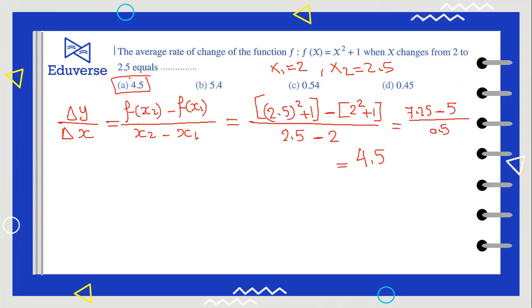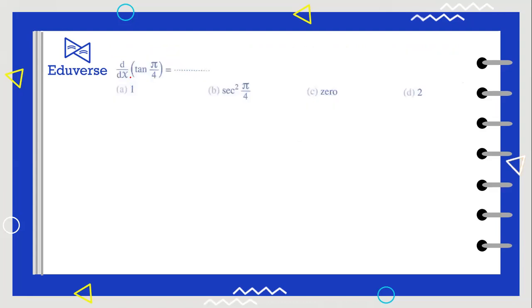Okay, 4.5. Next, derivative of tan pi over 4. Don't forget, tan pi over 4 has no x here. Then it's a constant value. And we know that any constant value, its derivative is 0.